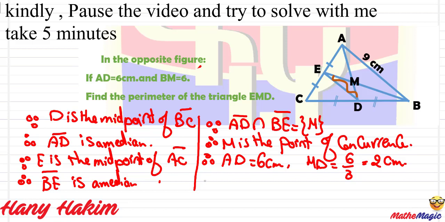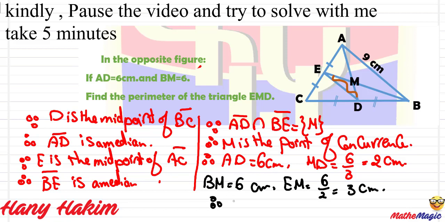Next part, BM can equal 6 centimeters, so EM equals 6 divided by 2 to get 3 centimeters. Therefore I can write ED is equal to half of AB. This will be 9 over 2. This will be 4.5 centimeters.